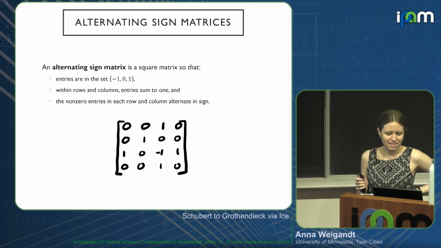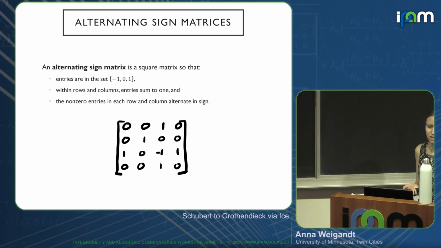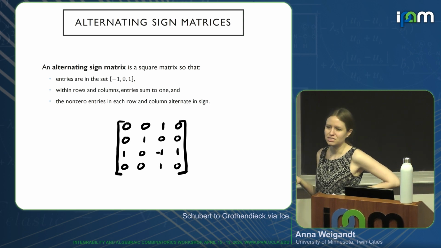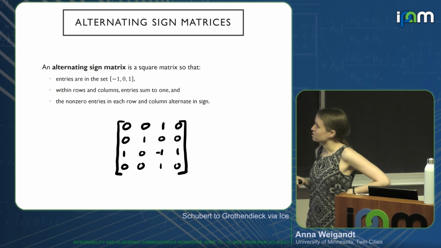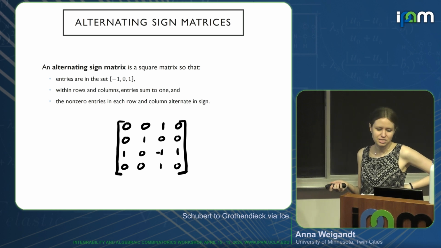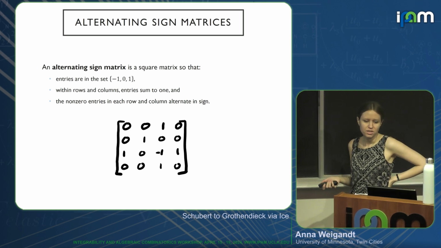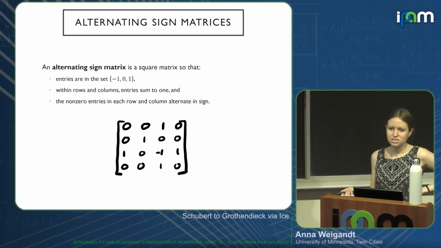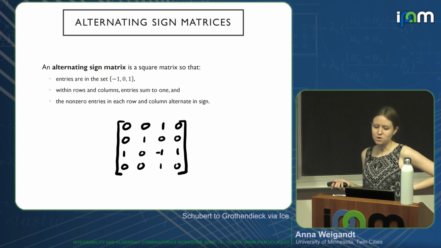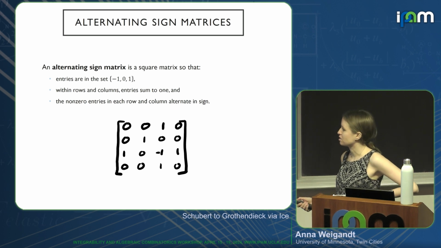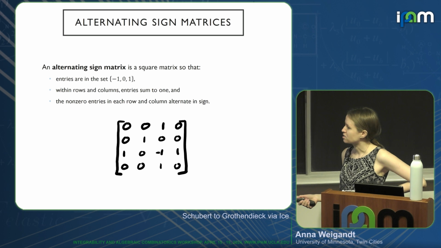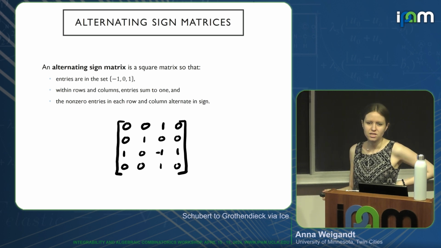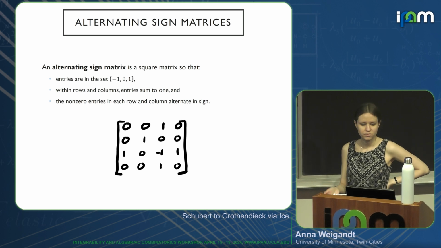And then another object that these things are in bijection with, of course, are alternating sign matrices. An alternating sign matrix is a square matrix with entries in the set {-1, 0, 1}, so that within rows and columns, entries sum to 1, and the non-zero entries in each row and column alternate in sign. So we see this alternation going on here: starting with 1, we don't care about the 0, we've got a -1, we've got a 1, and then those entries sum to 1.